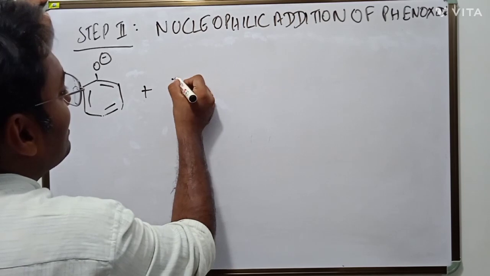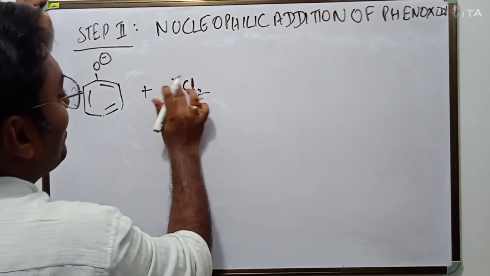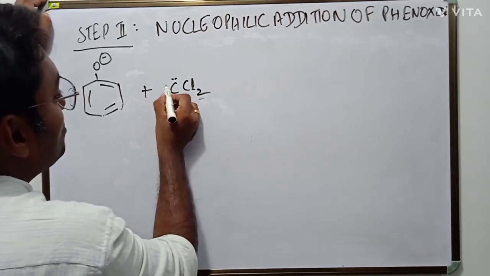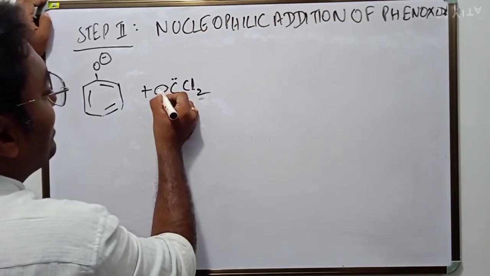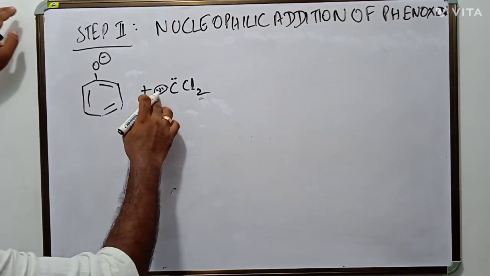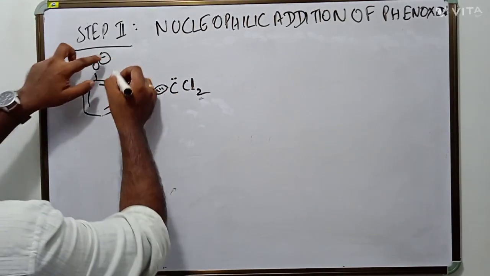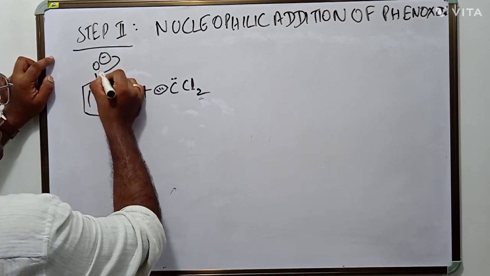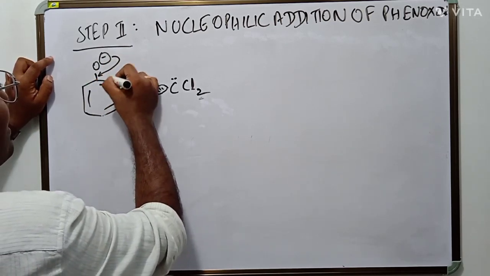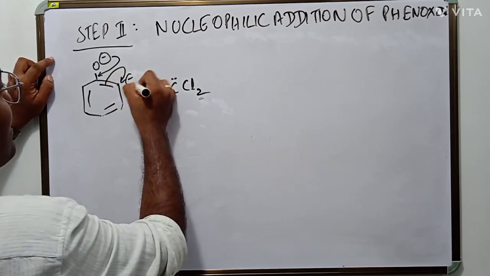Now what can happen here is it can react with your dichlorocarbylamine. It has its lone pair of electrons from when chlorine left, and it also has an empty orbital. If you remember, it has an empty orbital too.